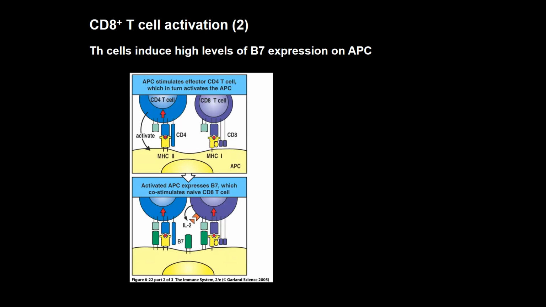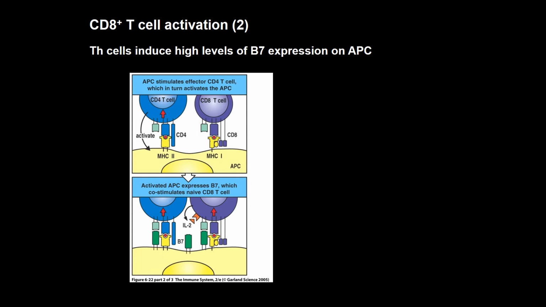Now, another way that CD8 T cells get activated is through T helper cells. As I say, the Th1 cells that help induce cell-mediated immunity can produce cytokines that interact with the antigen-presenting cell and stimulate them to express higher levels of co-stimulatory molecules. So in the cartoon here, you can see a CD8 cell recognizing MHC class 1.